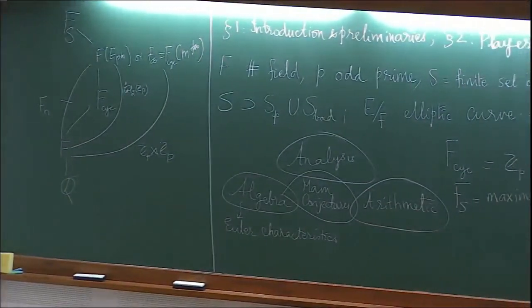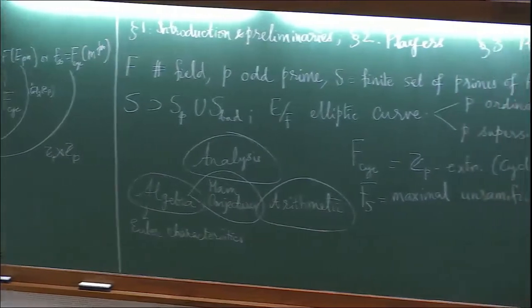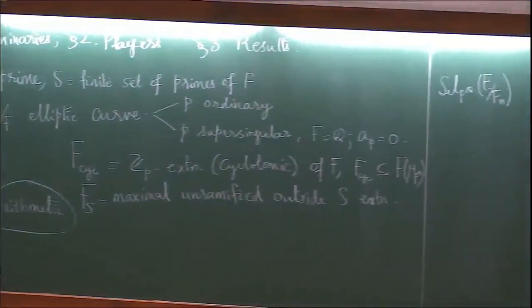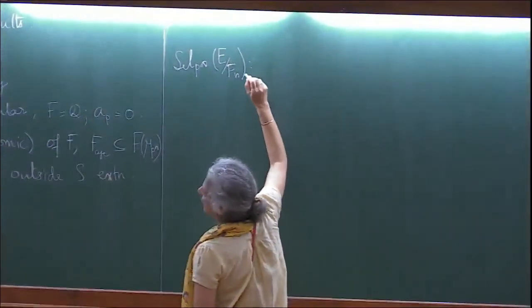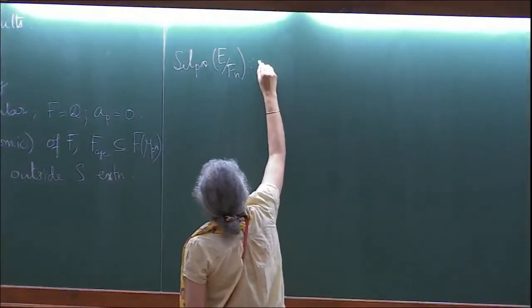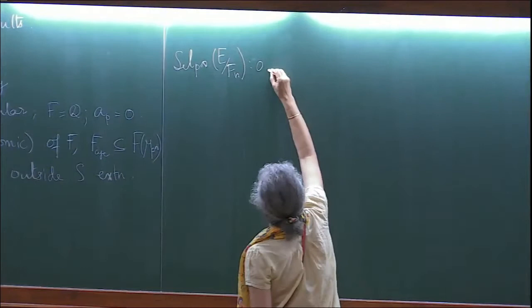So of course these are number fields again, and then you define the p-infinity Selmer group. This is defined by the following exact sequence, which I would like to keep. Maybe I should remember not to erase it.